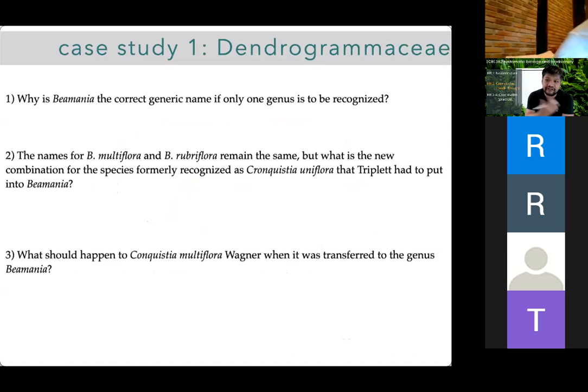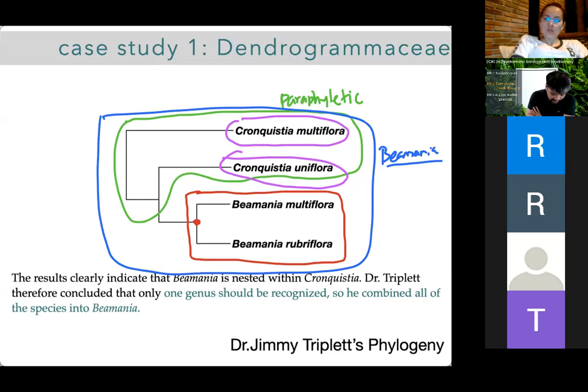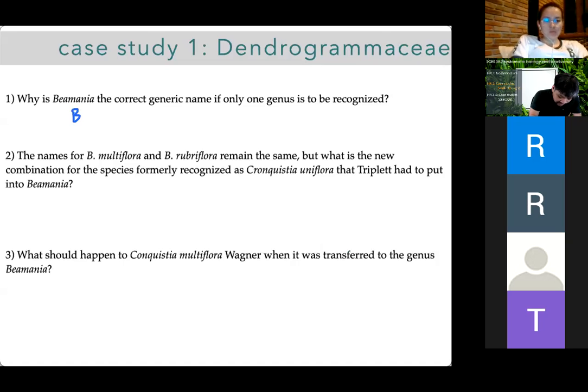First of all, this is a list question I'm going to walk you through. Why is Bimania the correct generic name? Remember, we have two candidates here. Everything can be Bimania, or everything can be Conquistia.